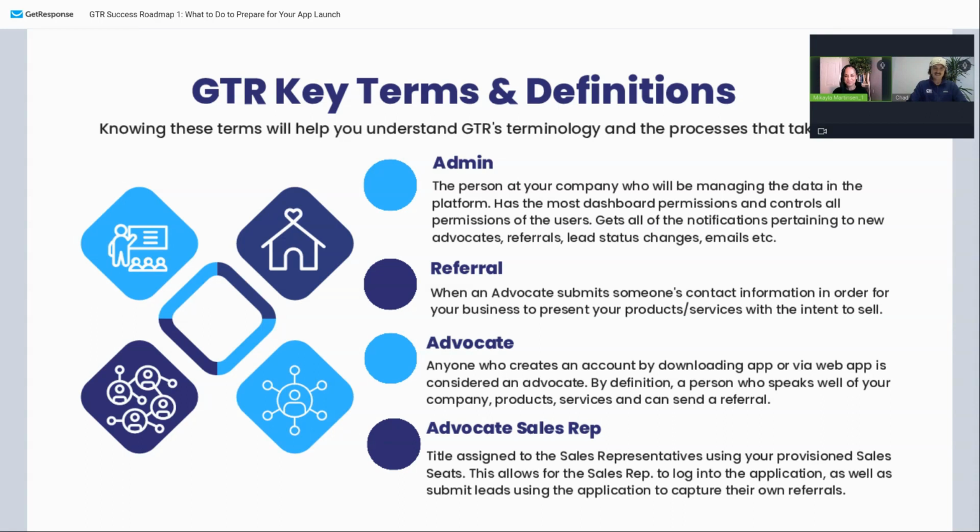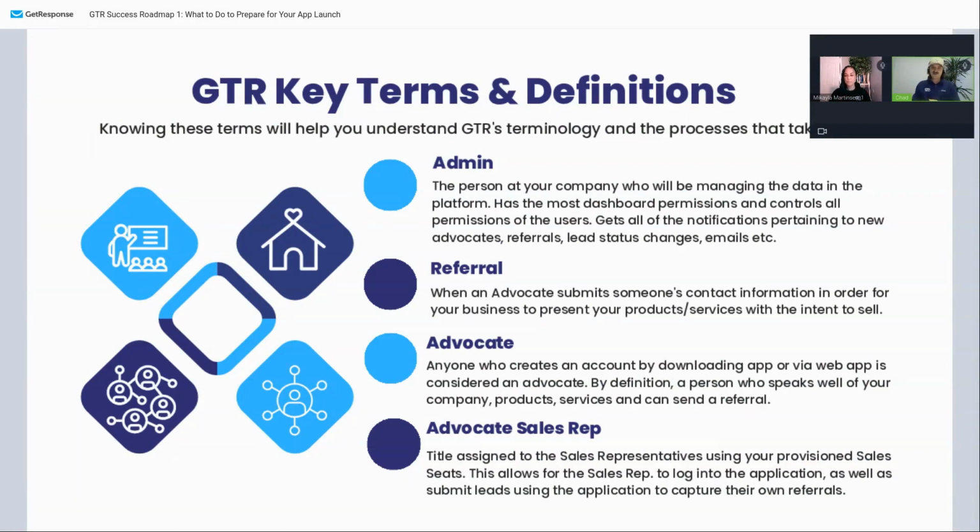Yeah, so diving into just some key pieces that really our customer success department will hammer in with you. Our language here at GTR may take some time to get used to, but really we categorize just a few terms here. An admin, right? An admin is going to be working specifically with our customer success management team on the setup, on the implementation, but also making sure that everyone's kept accountable to be talking about this application, right?